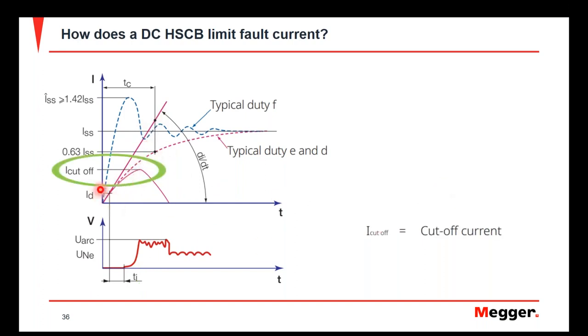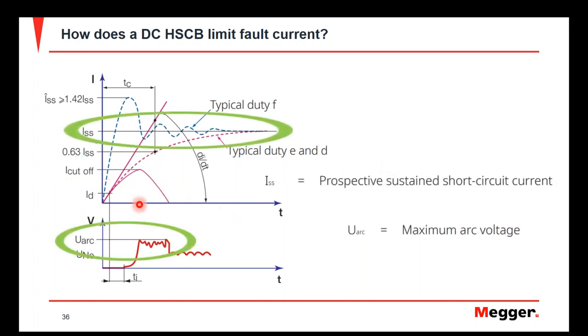By doing so, limiting this opening time, as we saw down here, we have a current cutoff time that's still relatively low compared to how much current could be sustained by this short circuit event. We can see that our current cutoff time is down here, as our prospective sustained short circuit current is a lot higher.